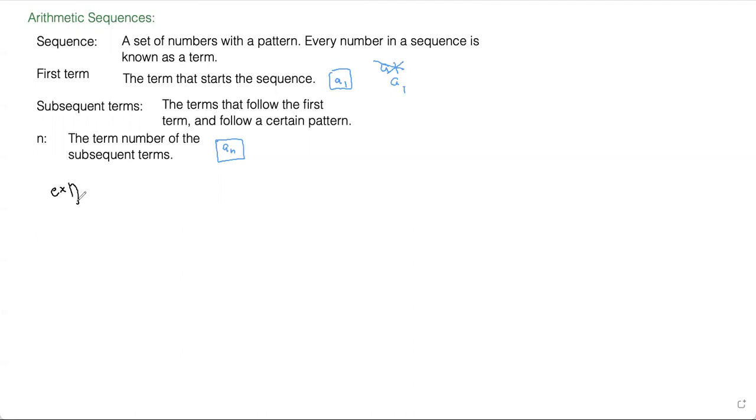Let's create a set and label it set A. Then we're going to make the terms 3, 6, 9, 12, then 15.